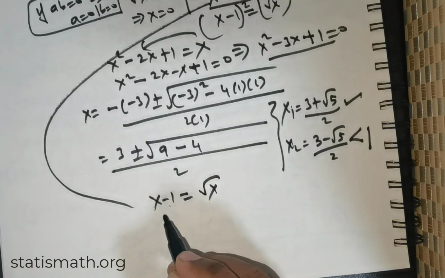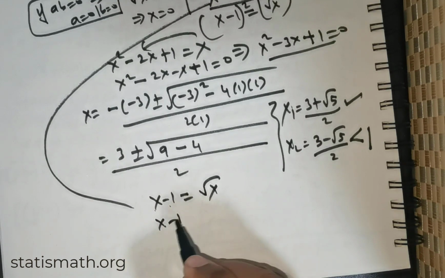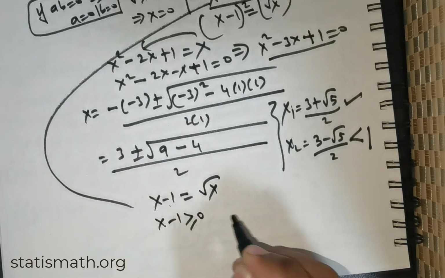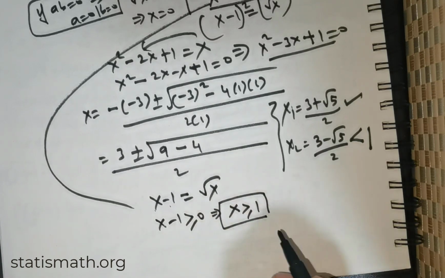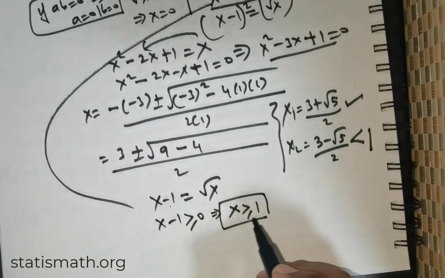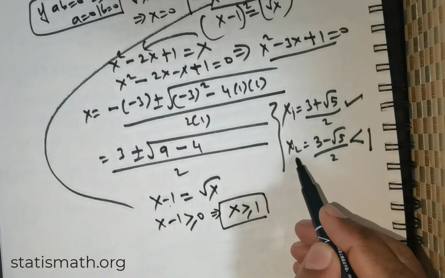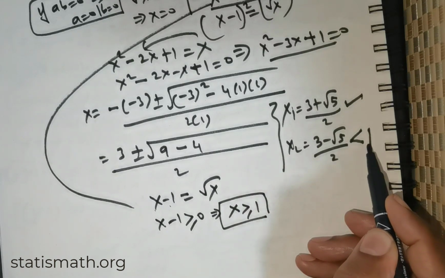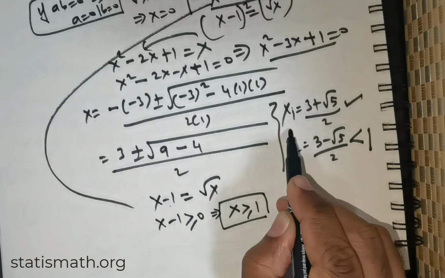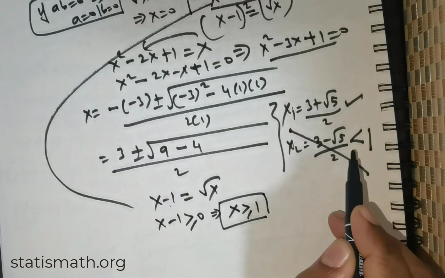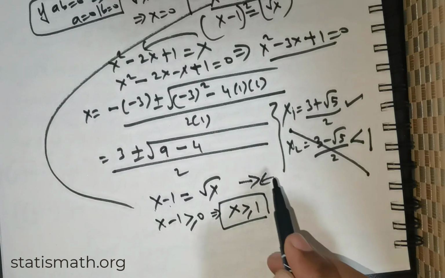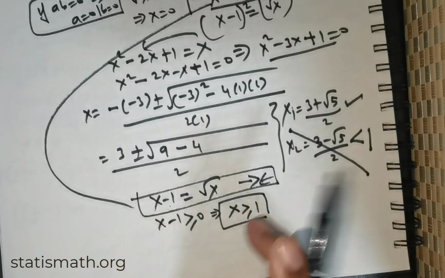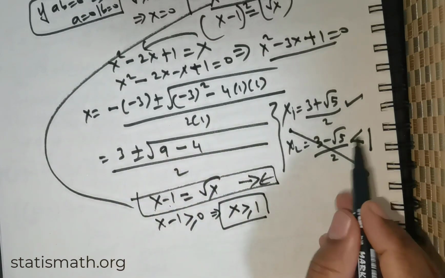Now x minus 1 is actually greater than or equal to 0. So this means x is greater than or equal to 1. Right? So our value of x is greater than or equal to 1, but here our value of x is falling lesser than 1. So this has to be rejected. If we were to take this, we will end up with a contradiction, right? Are you following me? So because of this condition, I cannot take this.